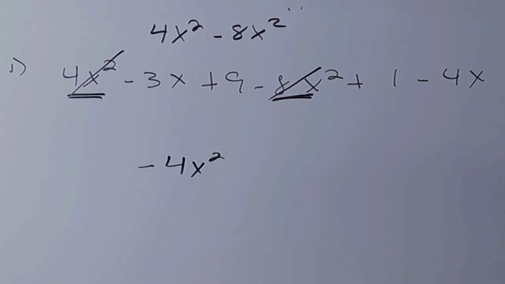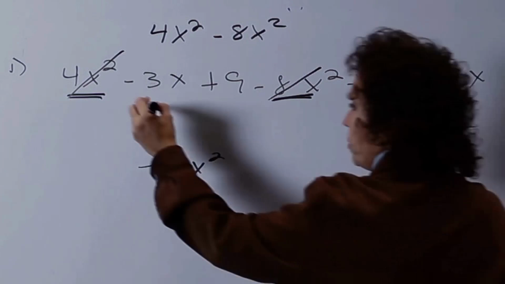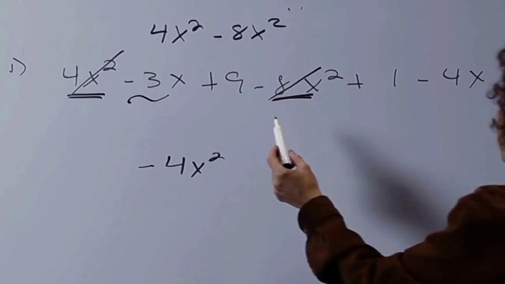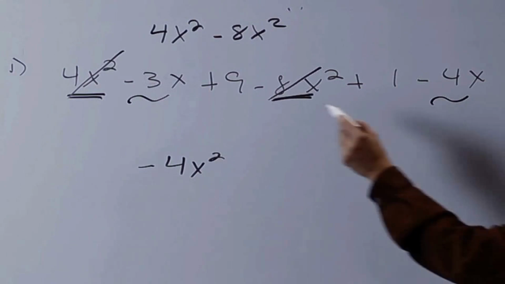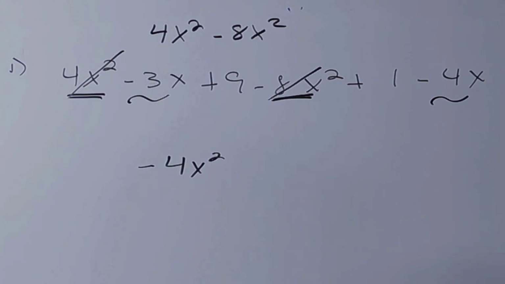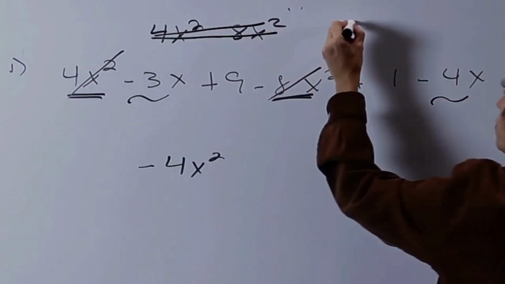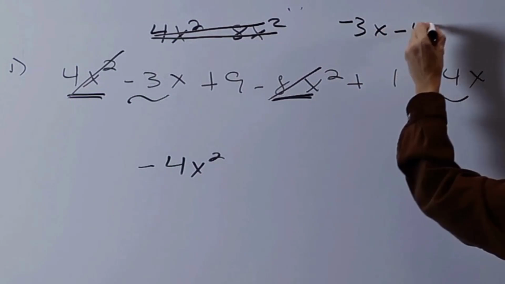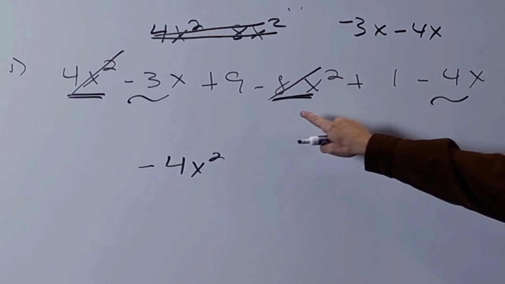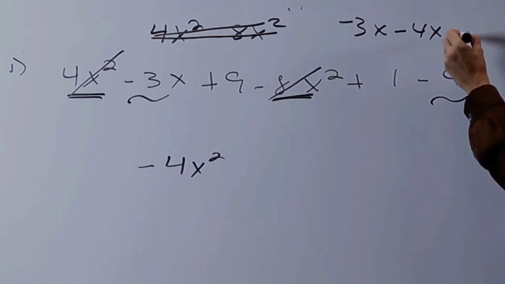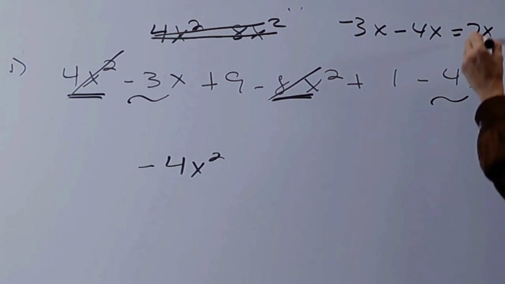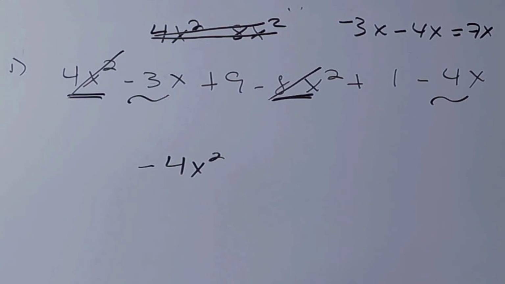So that takes care of that. Now I'm going to go just to the next term, see what happens. Negative 3x. See if they have a like term. They do right here, because our variable factor is x. I've already done that, I'll cross it out. That's negative 3x minus 4x. I owe 3x. I owe 4x. So I owe 7x. I owe 7x. Oh, that looks bad.